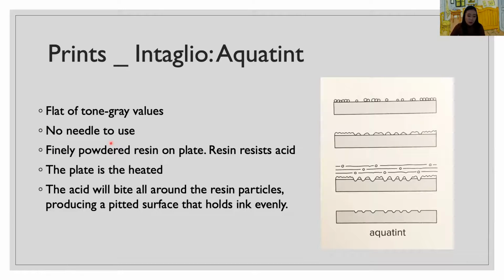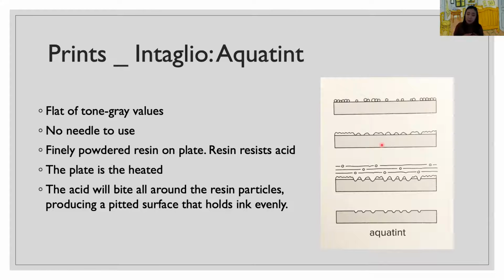And the artist first does it with finely powdered resin like this. And then the plate is heated so that the resin sticks to it like this. And the resin resists acid. So when the plate is immersed in acid, the acid will bite all around the resin particles, producing a pitted surface that holds ink evenly.